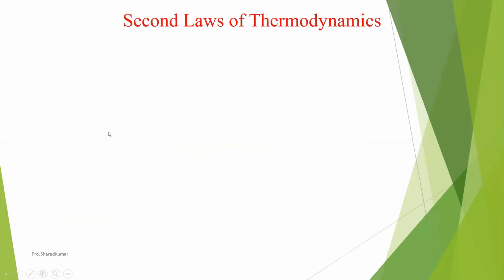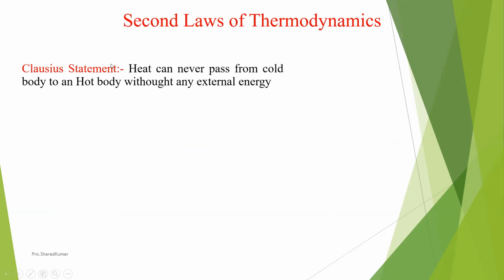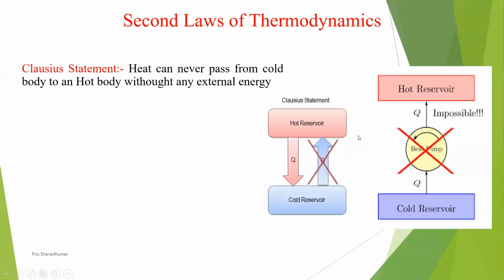Likewise, we have one more statement, that is the Clausius statement. Clausius states that heat can never be passed from the cold body to the hot body without applying any external force. In a heat engine, the heat is transferred from the hot body to the cold body without applying any external energy, right?